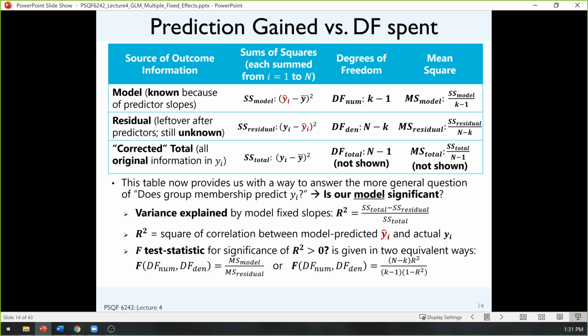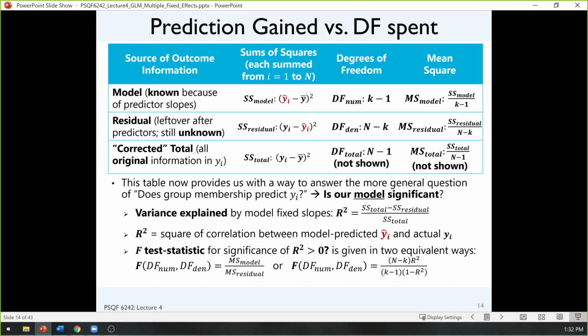But we just need to pay attention to the fact that it's squared. Yeah, that means that you can't look at the sign of it and know which way the relationship goes, because it's summarizing more than one relationship. That's the whole idea here, that F is testing a collection of slopes, each of which could be positive or negative, and that's why everything has to be squared to make the math work. Got it.